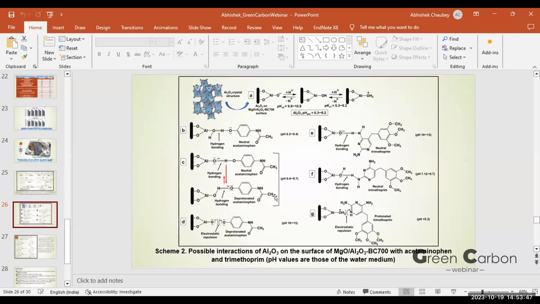So we tried to see what can happen at the pH values similar to those of acetaminophen and trimethoprim. We found that hydrogen bonding is taking place in the case of acetaminophen and trimethoprim, and there are also some repulsions, which I told you about in the pH study section. Repulsions take place for acetaminophen at pH above 10, and for trimethoprim at pH below 5.3.